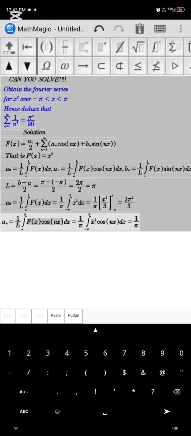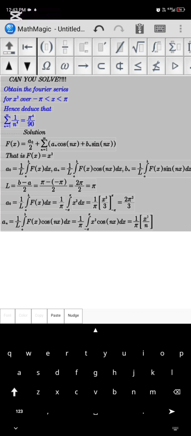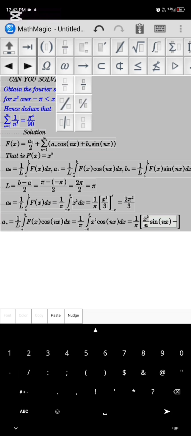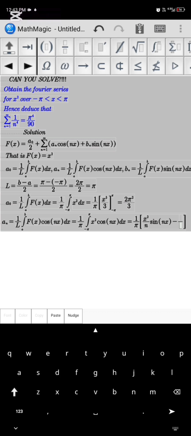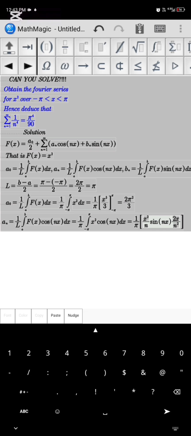If we integrate x squared cos nx using integration by parts, this is what we are going to have: x squared over n multiplied by sine nx, plus 2x over n squared, multiplied by cos nx.